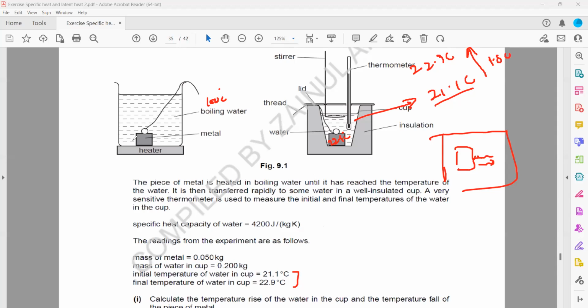But for the metal block, it was 100 and became 22.9. So how much does the temperature change for the metal? It will be 100 minus 22.9, which is 77.1. So 77.1. Is it clear? The temperature changes?